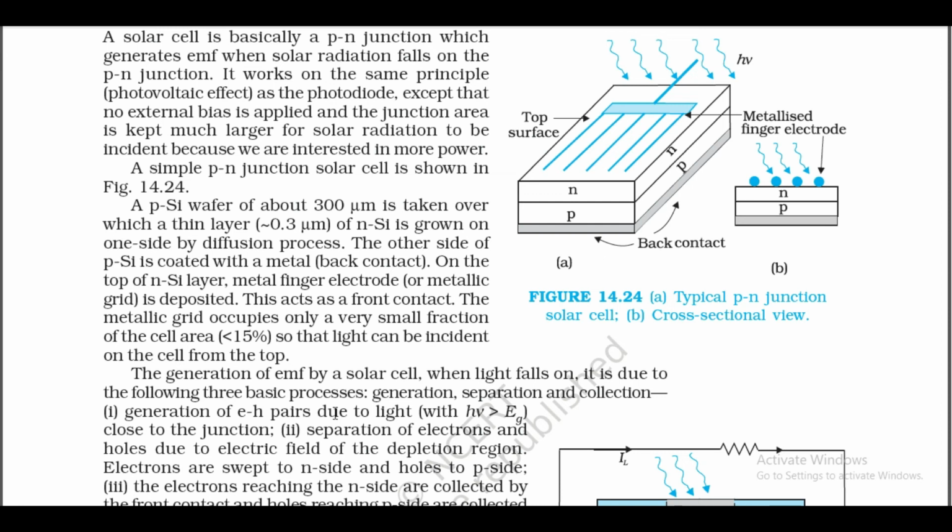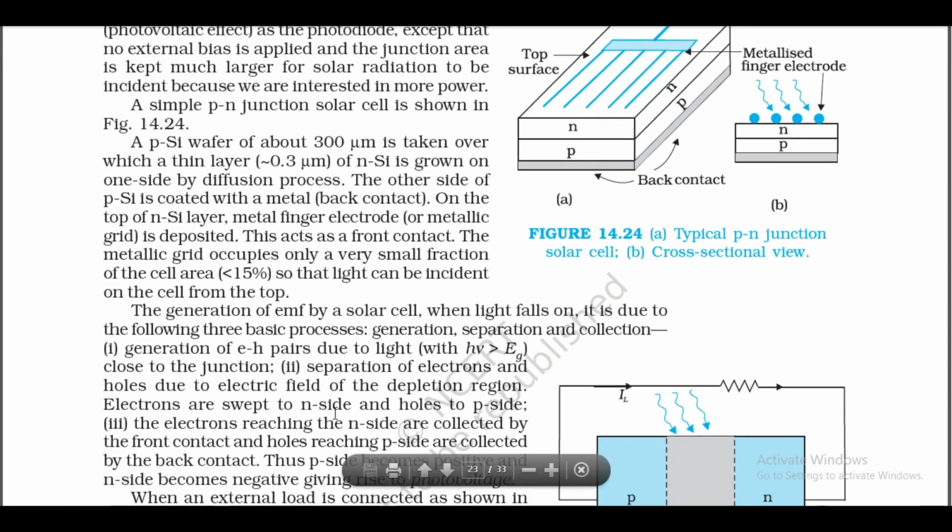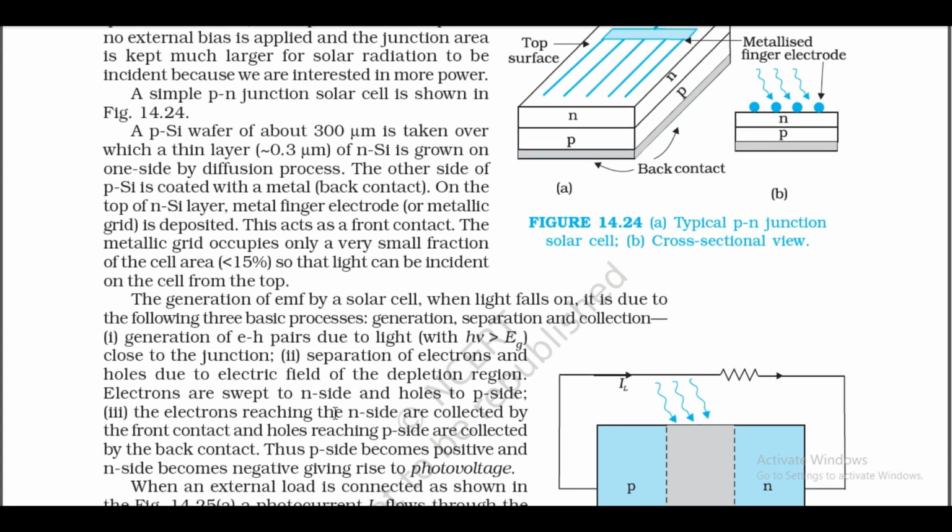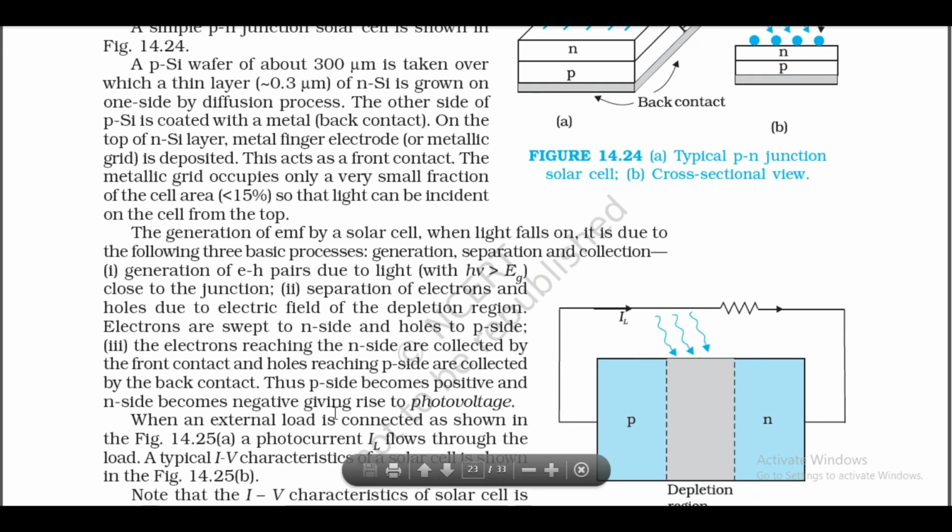Electrons are swept to the N side and holes to the P side. Third, the electrons reaching the N side are collected by the front contact and holes reaching the P side are collected by the back contact. Thus, the P side becomes positive and the N side becomes negative, giving rise to photovoltage.